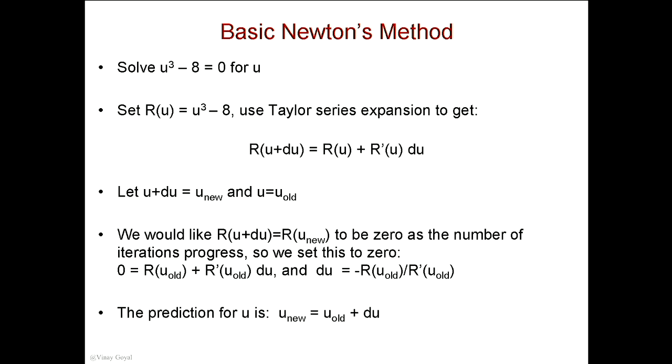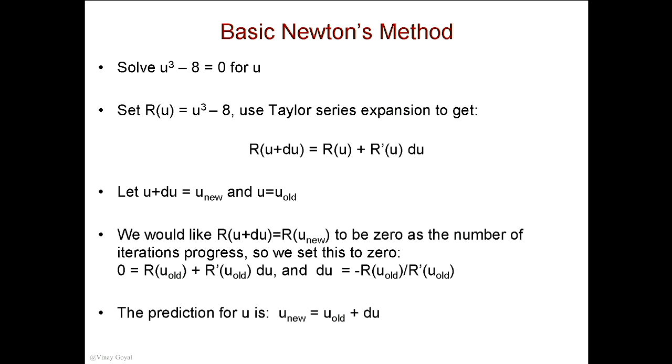I'll continue here. So this is 0. That's R(u old) plus R prime(u old) du. What I want to do is solve for du, and that's easy. I just bring this to the other side of the equation and divide by R prime(u old), and that's what I get. So now the prediction on how to improve: if I start with u equals 0, my u old is 0.